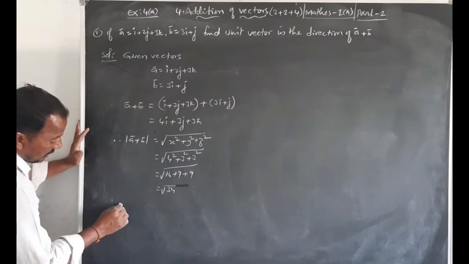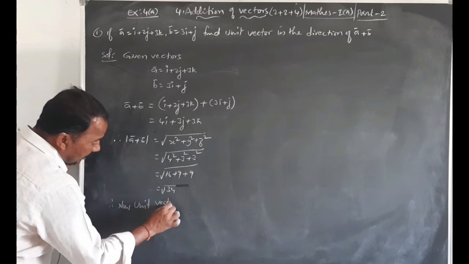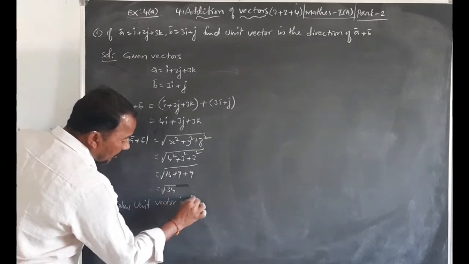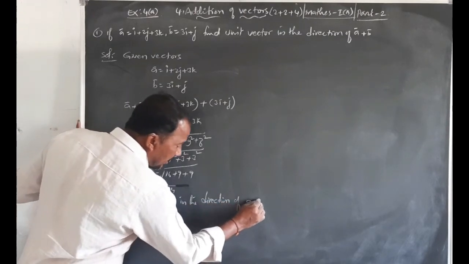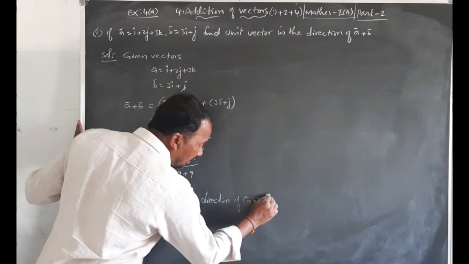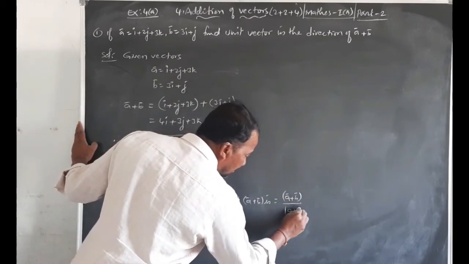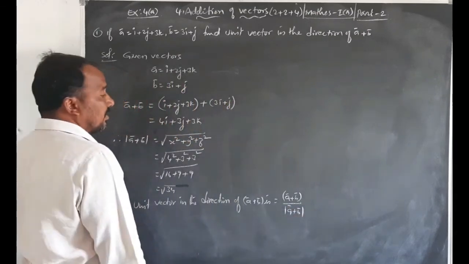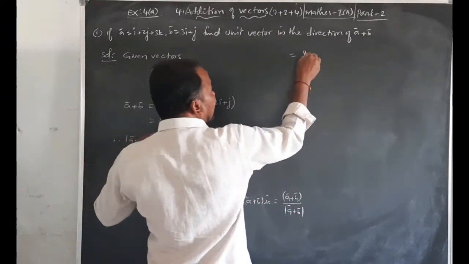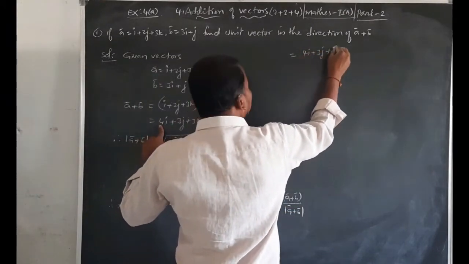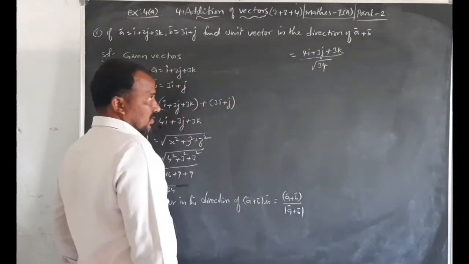Now the unit vector in the direction of A plus B is A plus B by mod A plus B. What is the value of A plus B? 4i plus 3j plus 3k divided by root 34.